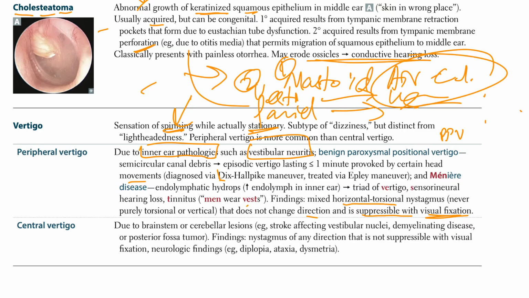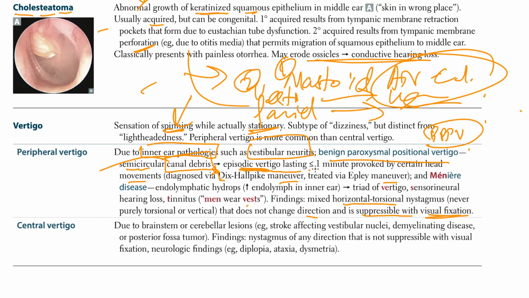With BPPV, it's the semicircular canal debris. You could diagnose it and treat it with some maneuvers. Basically, you're trying to get the debris out of the semicircular canals, and it causes episodic vertigo.